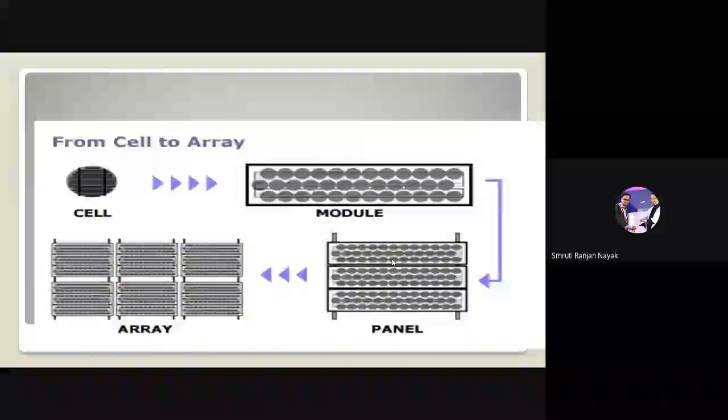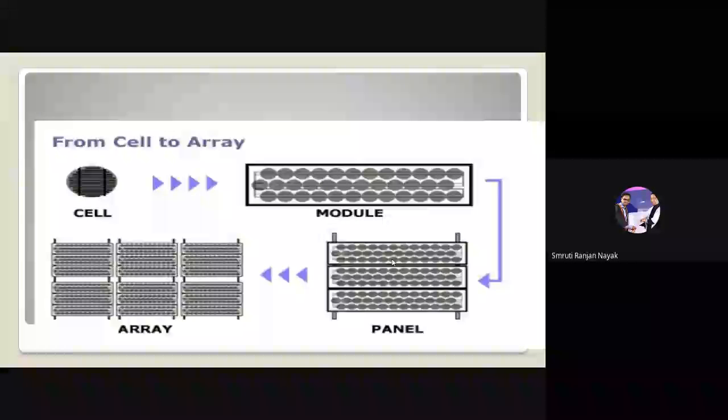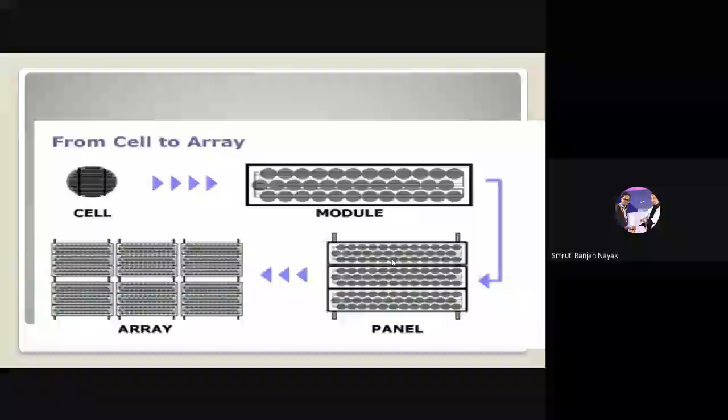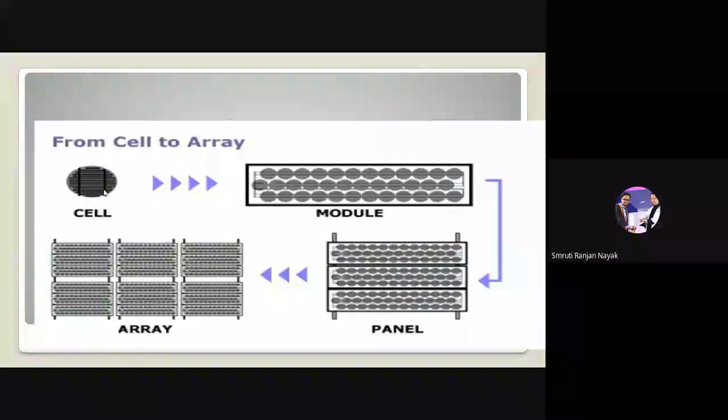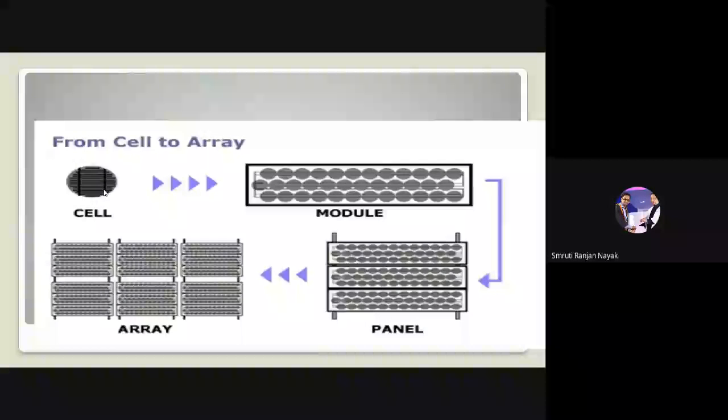So from here, it is the diagram from cell to array. This is one cell, which is capable of delivering 0.5 volt, as you know, though it is the silicon solar cell.